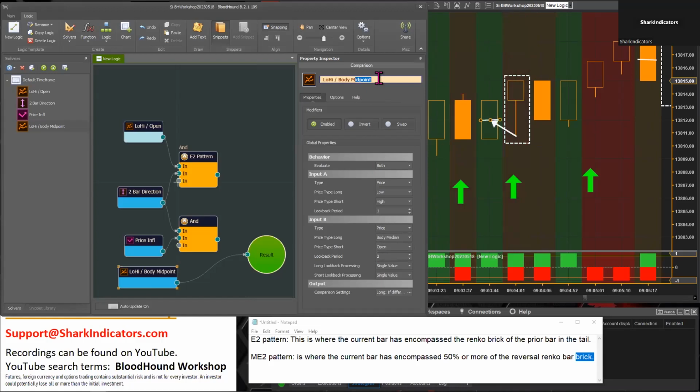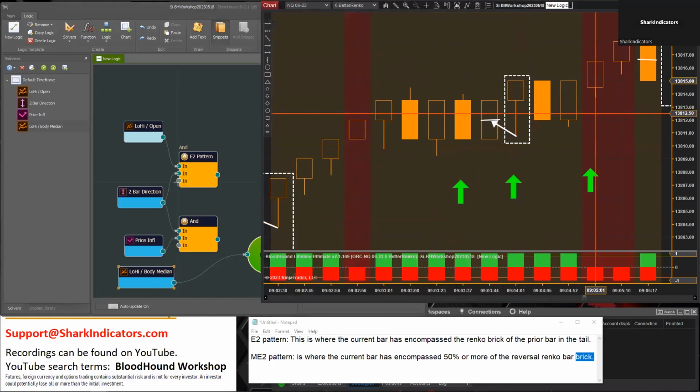So let's rename this here. For the long output, we switch it over to the body median, and for the short signals, switch it over to the body median as well. So there. Let's see here.